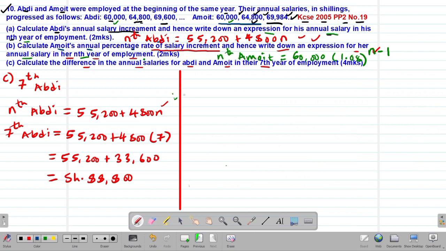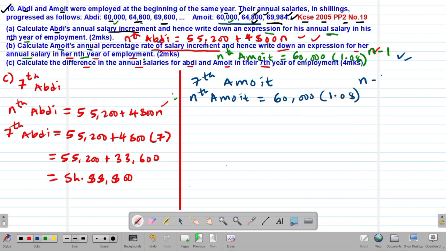So during the 7th year, let's find the amount for Amoit. The nth term for Amoit was given by this equation, 60,000 into 1.08 to the power of n minus 1.